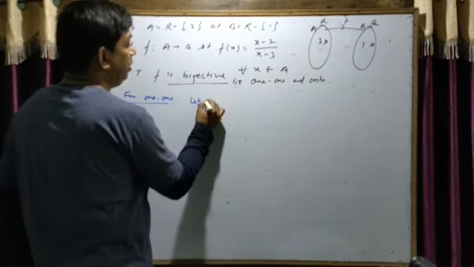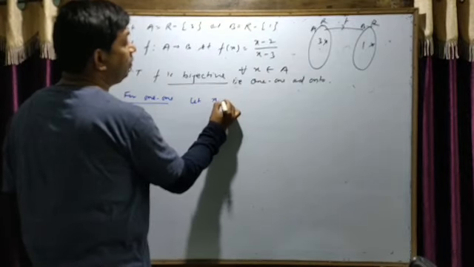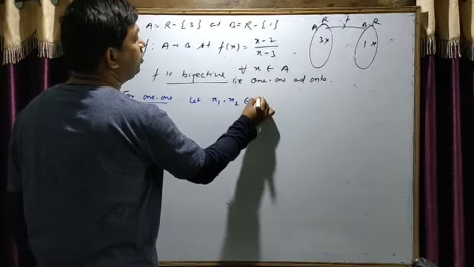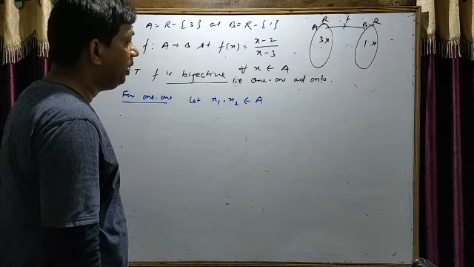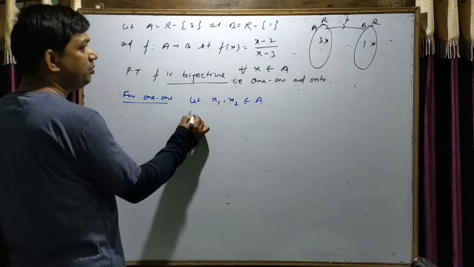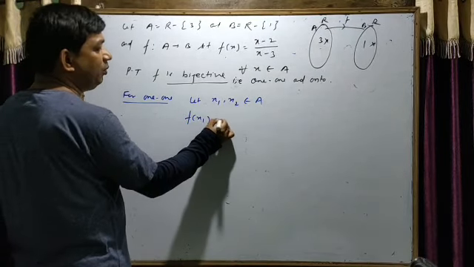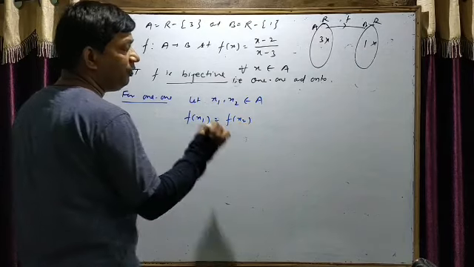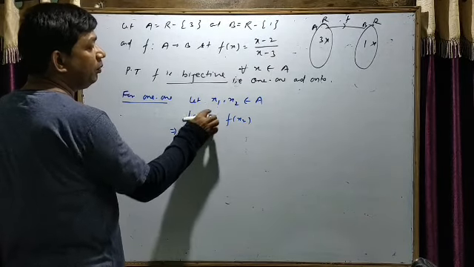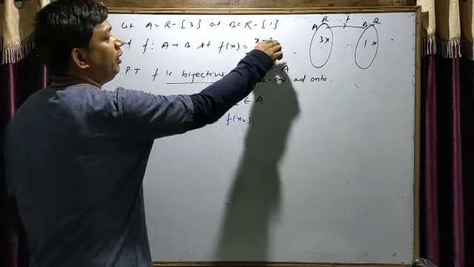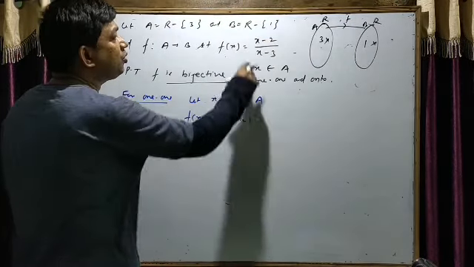Now for 1-1, I told you so many times, for 1-1 we have to take two distinct elements from the first set. Let x1, x2 belong to set A, then suppose the images are equal: f(x1) equal to f(x2). This implies what? f(x) is equal to (x minus 2) by (x minus 3).